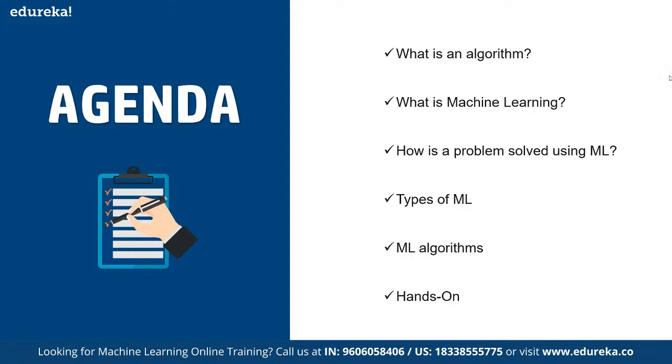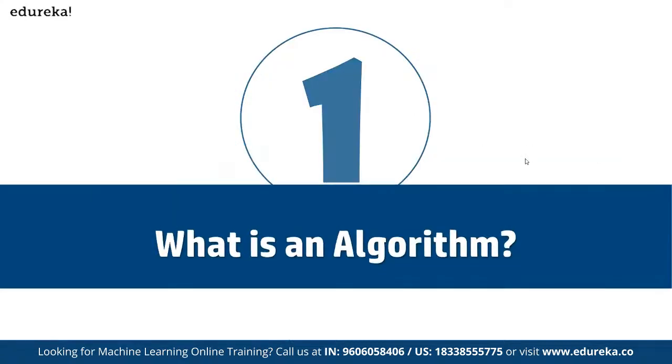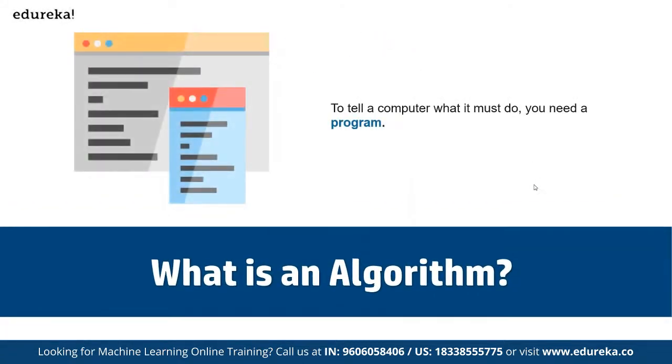So let's get started. First of all, let's understand what exactly an algorithm is. In simple layman terms, it's simply a predefined sequence of steps that is used to complete a given task.